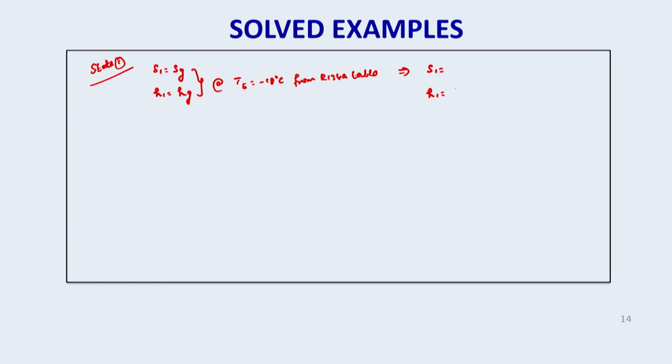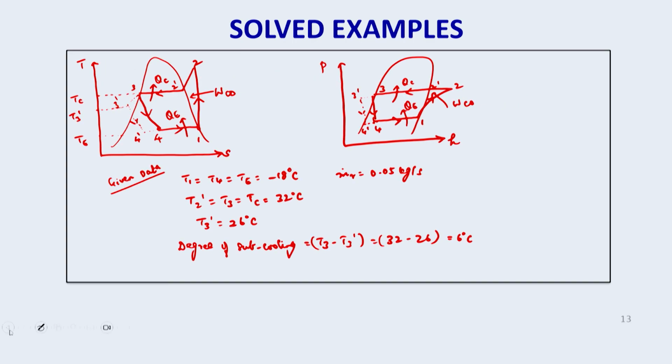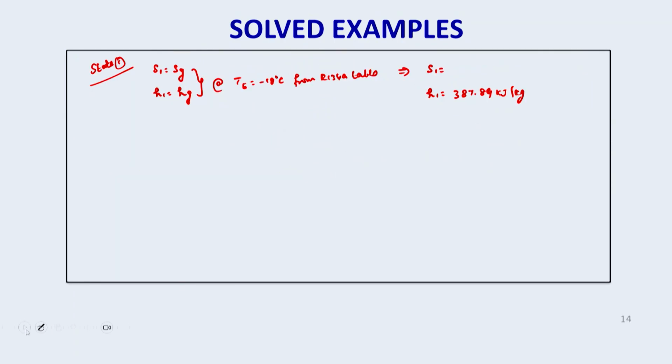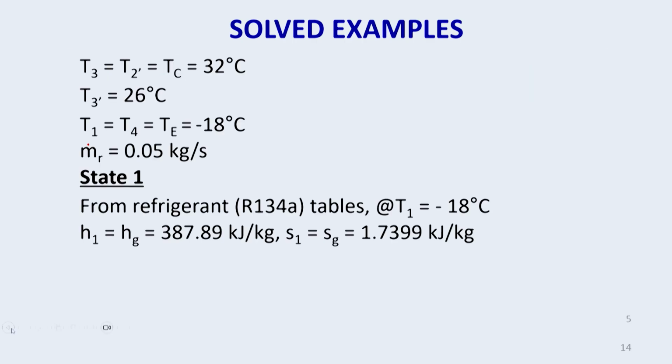So H1 is equal to 387.89 kilojoule per kg, and the entropy value is 1.7399 kilojoule per kg Kelvin.